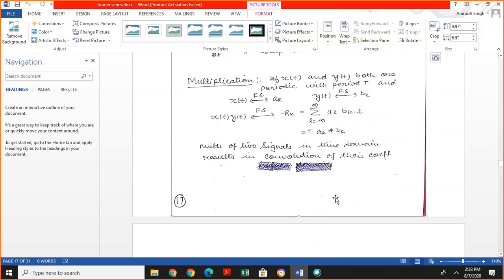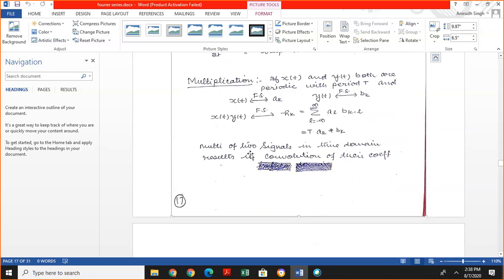Multiplication: if x and y are both periodic signals with period T, and if we multiply these two signals in the time domain, then we can calculate their coefficients in the frequency domain simply by convolving their Fourier coefficients.